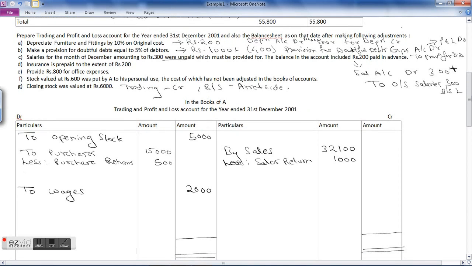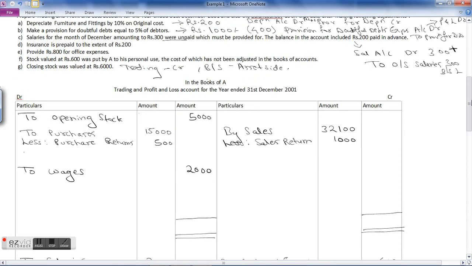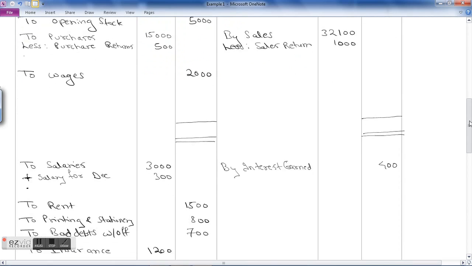Correct, since the salary account is showing a debit balance. So one effect will be to reduce 200 from your salary, and since it's an advance, the advance salary account is a personal account which is showing a debit balance. Now, advance salary account debit to salaries account, that will be the entry, right? Since the advance salary account is showing a debit balance, that will be shown on your balance sheet asset side, so we'll give that effect.